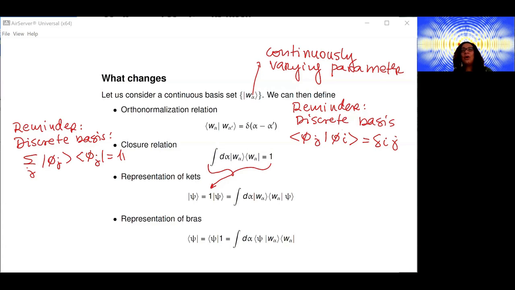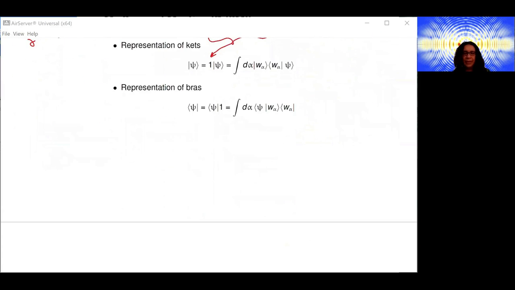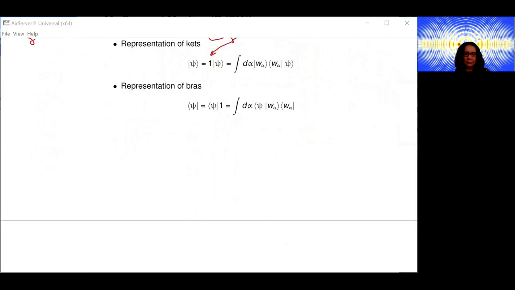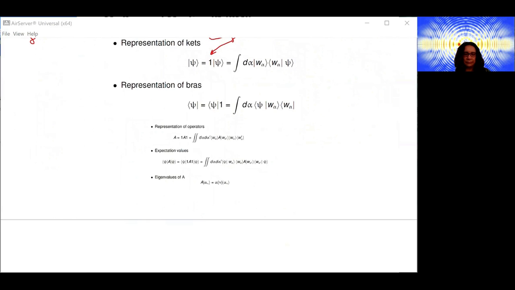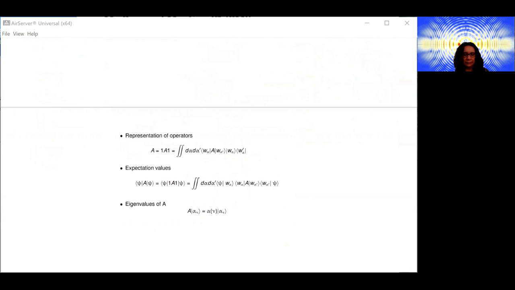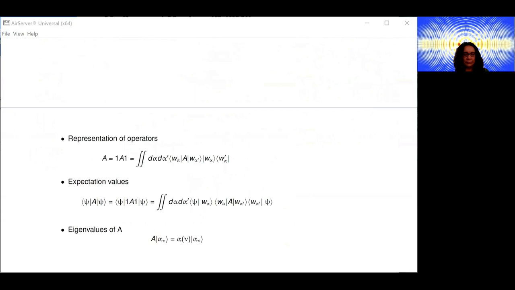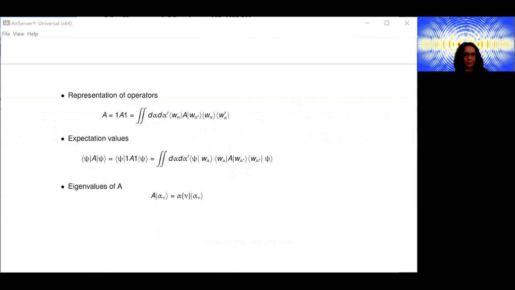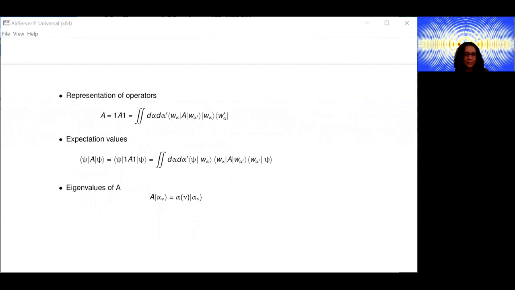How about operators? Because we have seen bras, we have seen kets, and we need to talk about operators. So what is going to happen to them? We can pretty much do the same as before.